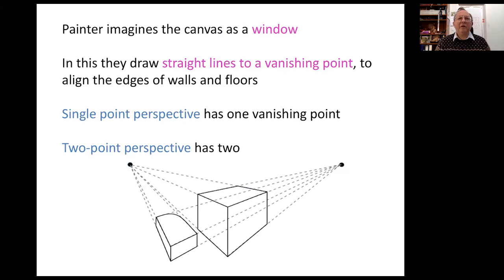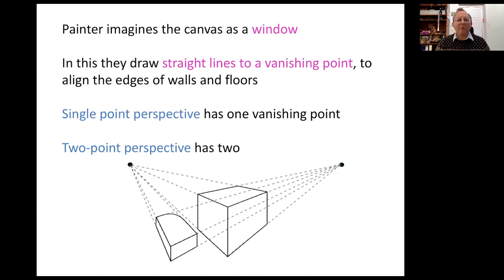The basic idea of perspective is to imagine the canvas that you're drawing on as a window into the outside world, and then you have vanishing points, and you line the walls and floors of your objects so that they line up with vanishing points, which are meant to be points at infinity.